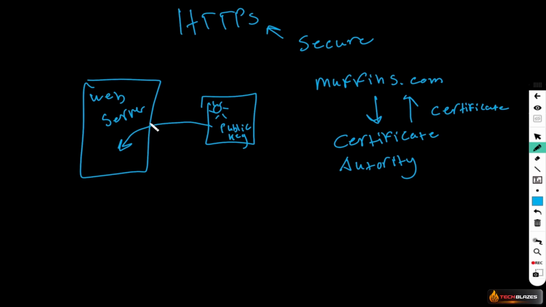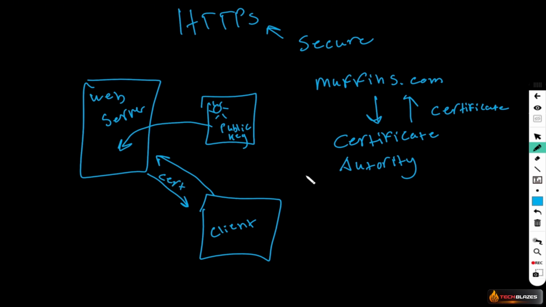Okay, and so now let's say you're a client. You decide, okay, I want to go visit muffins.com. So you ask the web server for muffins.com, and the web server will actually reply with the certificate.